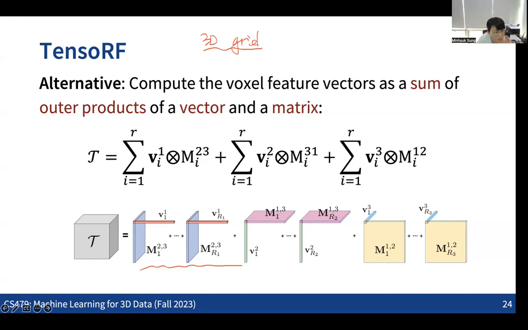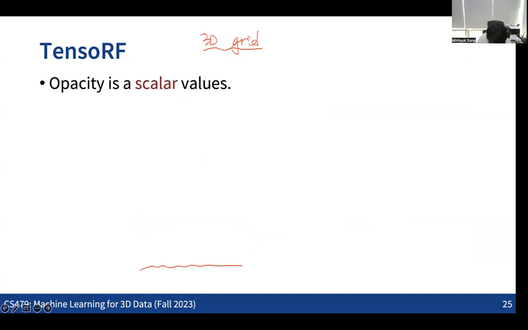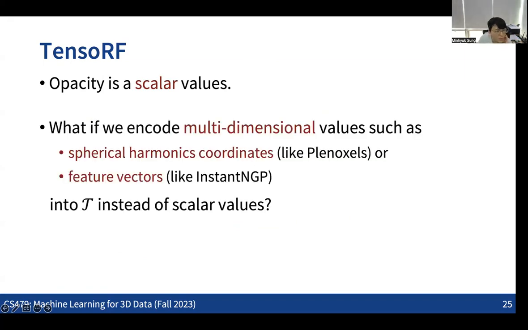So we can do these kinds of things for the opacity values, given the 3D grid. The problem is that we are not only encoding the opacity information, but we may want to encode some kind of multi-dimensional features, some kind of vectors as well, for each of the corner points.